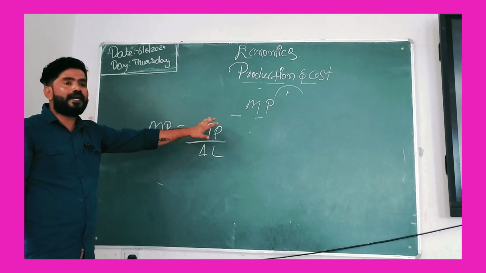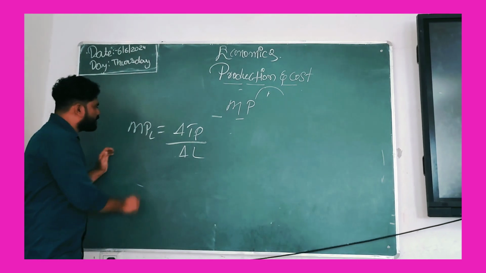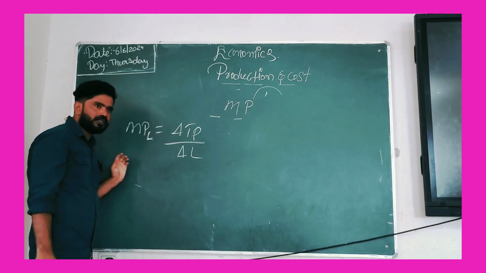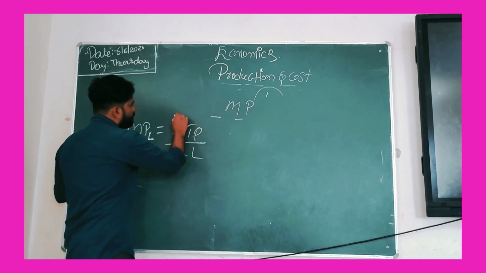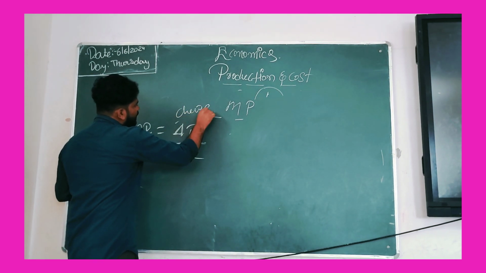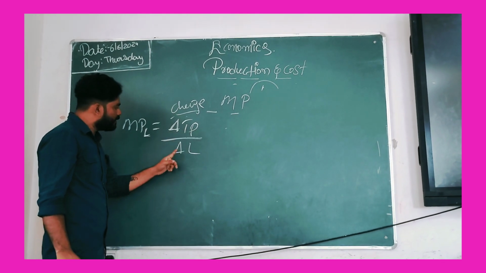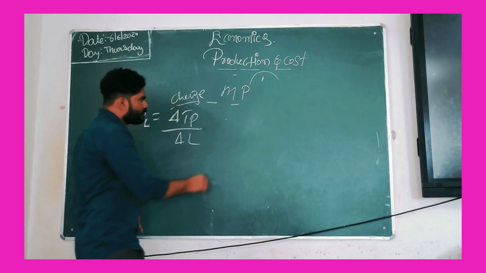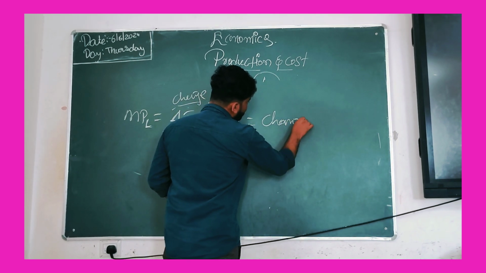MP is marginal product, L means factors, inputs, and delta represents change. TP and delta L.